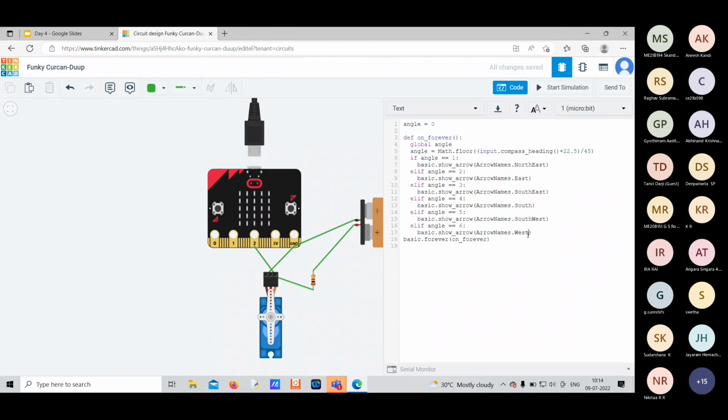West. Northwest. Else, under any condition, we'll be having north.